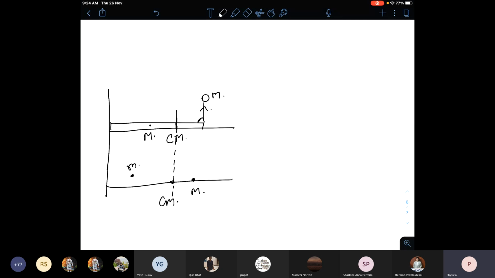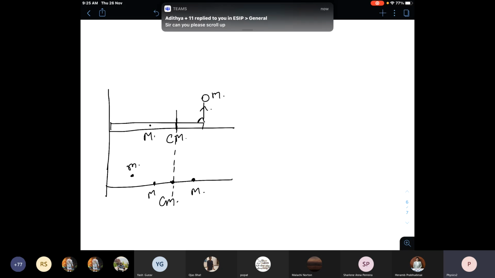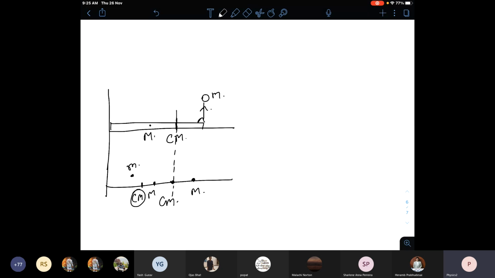Otherwise, if the plank's center of mass moved on this side only, the center of mass of the system would have moved, and by the logic of force that is not possible.